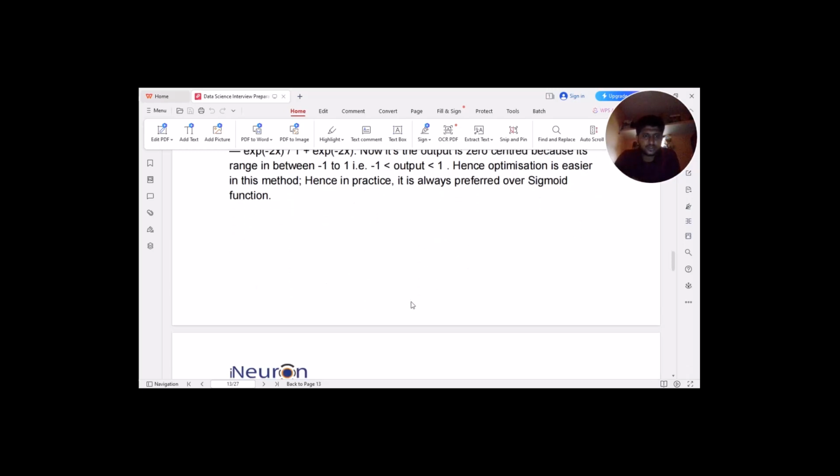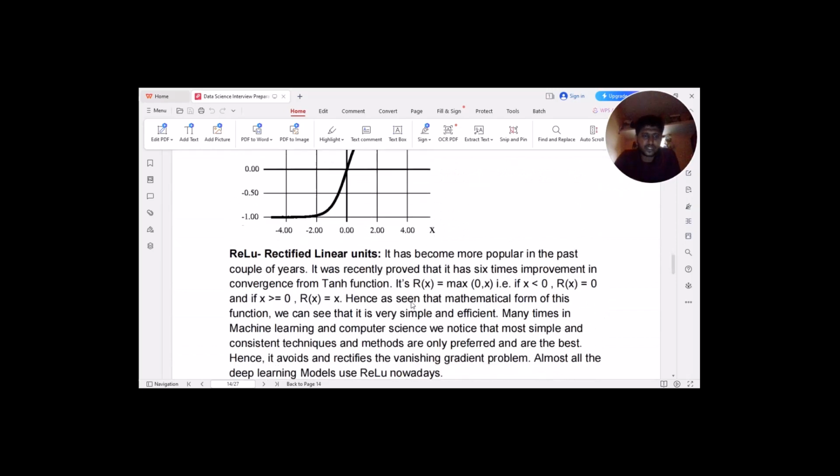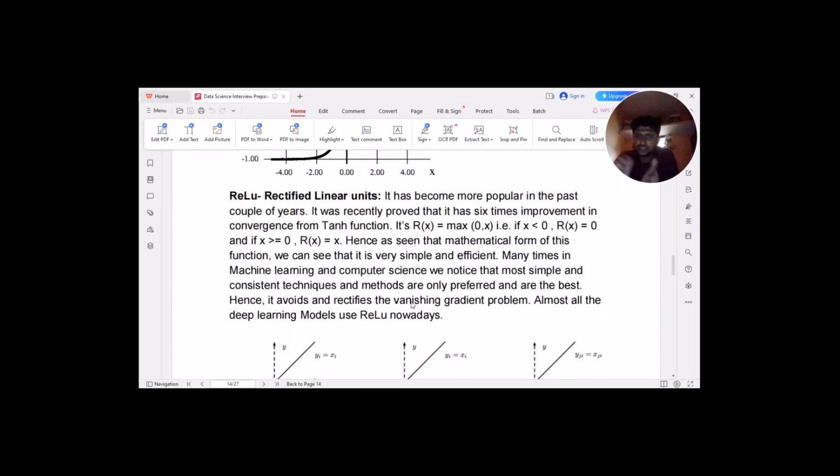Okay, so let's dive into ReLU, rectified linear units. It has become more popular in the past couple of years. It was recently shown to give a 6 times improvement in convergence over the tanh function. Its r of x is max of 0 comma x. So if x is less than 0, r of x equals 0. If x is greater than or equal to 0, r of x is equal to x.